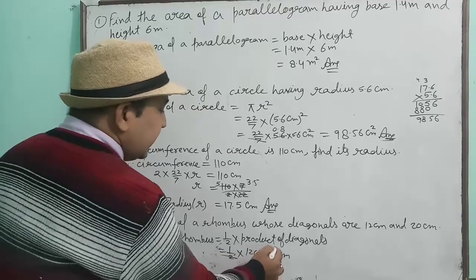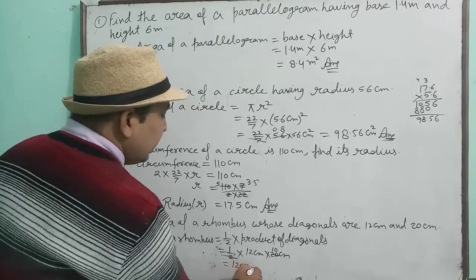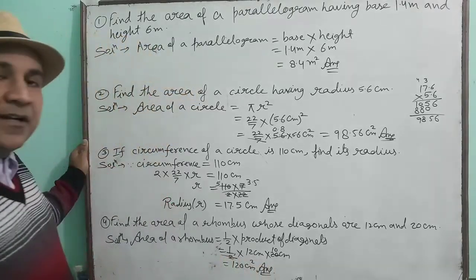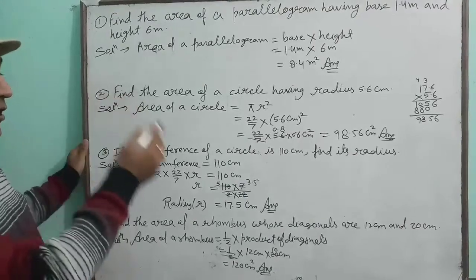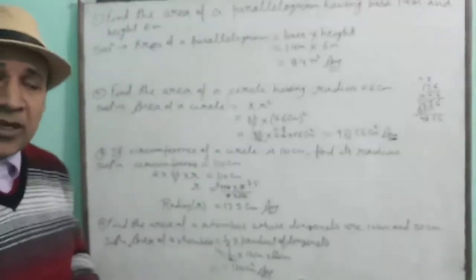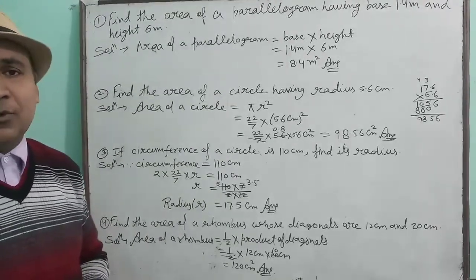Now 2 dividing 20 by 10 times. 10 into 12 is 120 centimeter square, the area of the rhombus. All the questions are based on the formula, children. Learn the formula and then your question will be easy. Note down so that we can do some more questions.